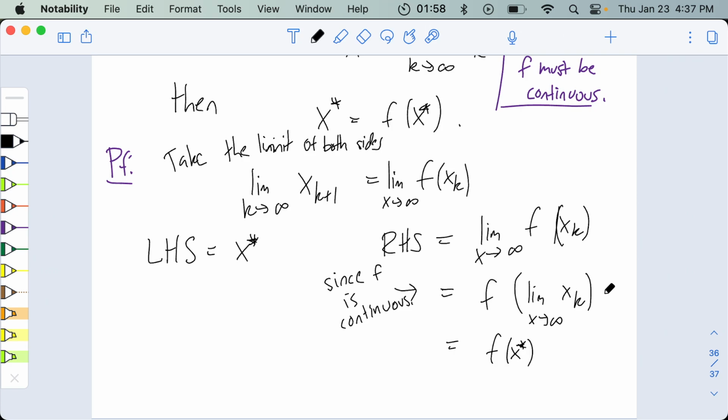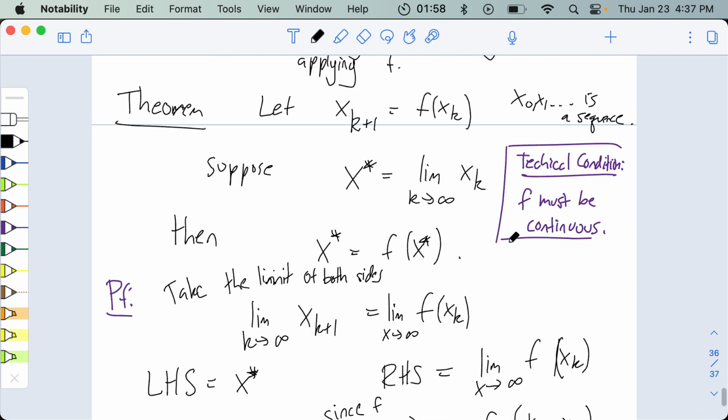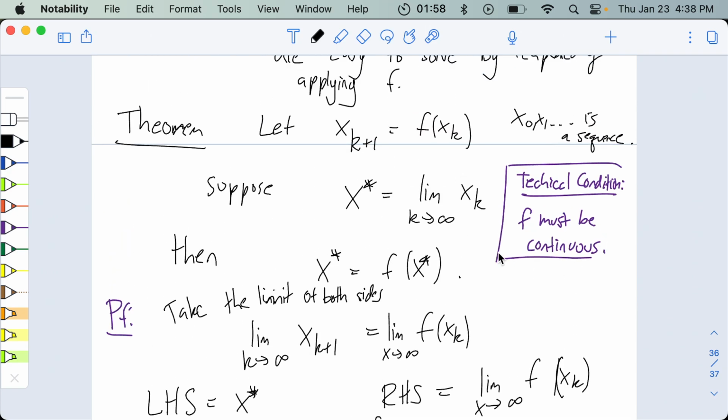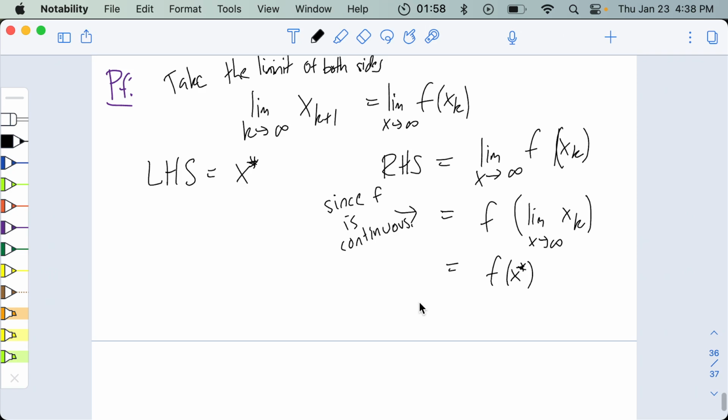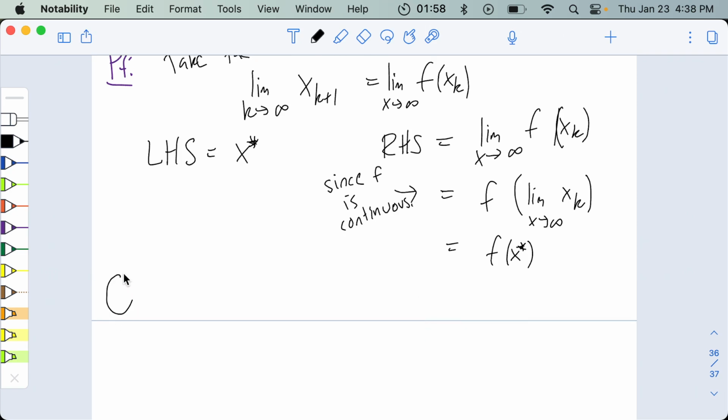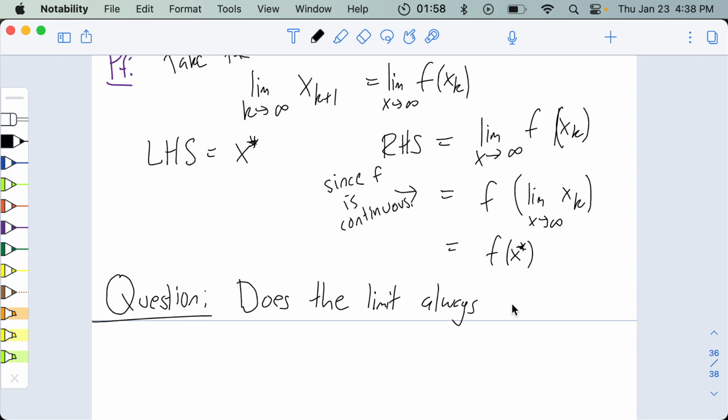You might also be suspicious in the way I've worded this. I've said, suppose the limit exists, then it does what we want. You might also wonder, in what situations does the limit exist? Question: does the limit always exist?